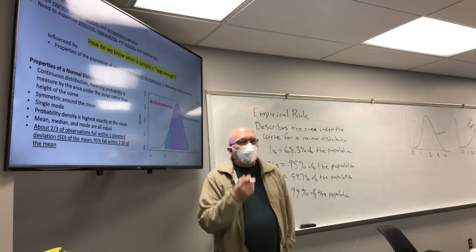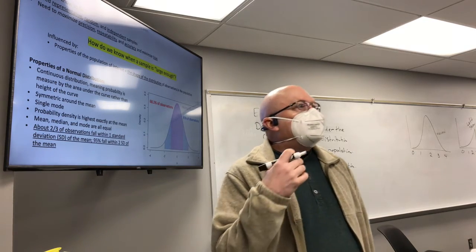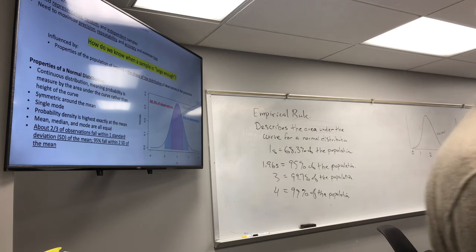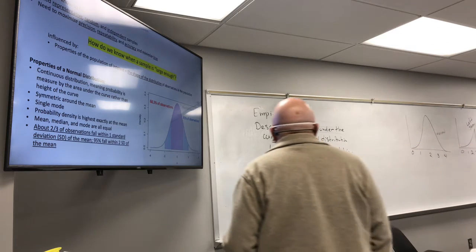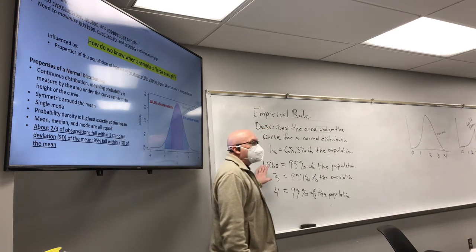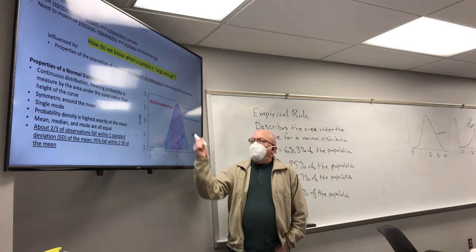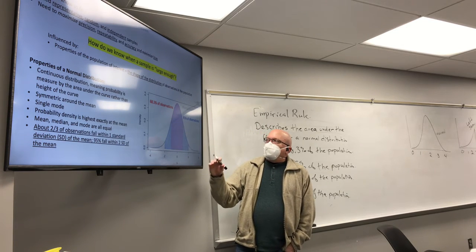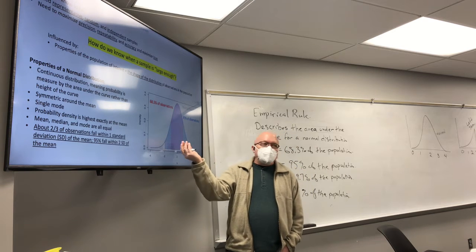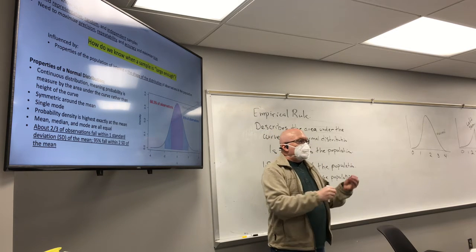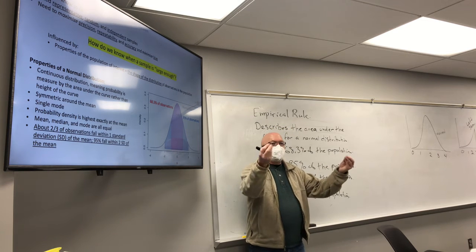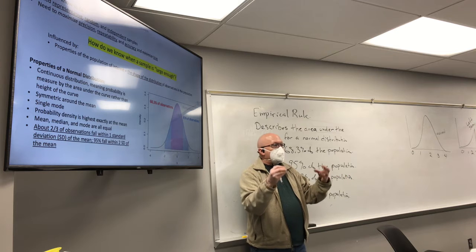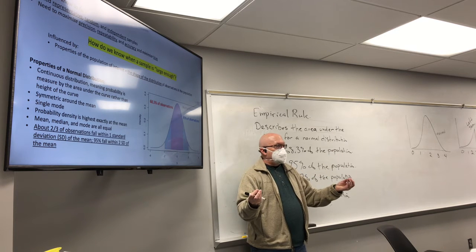So this is what the empirical rule tells you. It tells you what proportion of the total population lies under the normal curve at different deviations from the mean. We use this in statistics because we want to know, for example, if you have a sample drawn from this population and a sample drawn from another population, what are the chances that those two samples were drawn from the same population versus different ones?